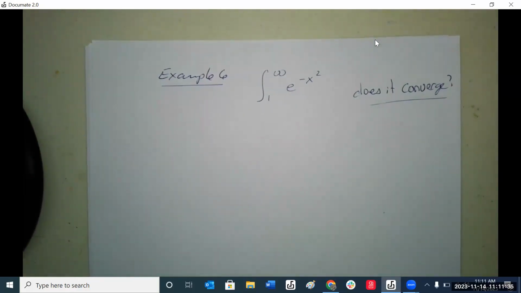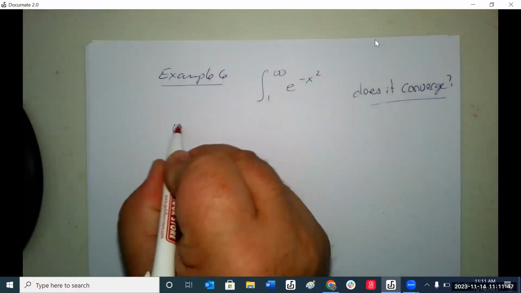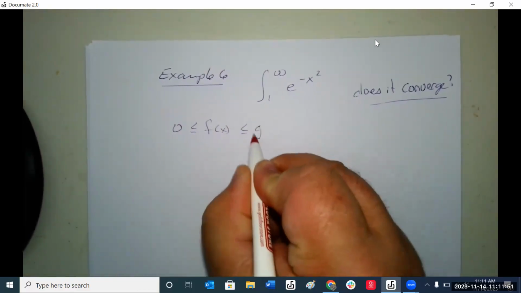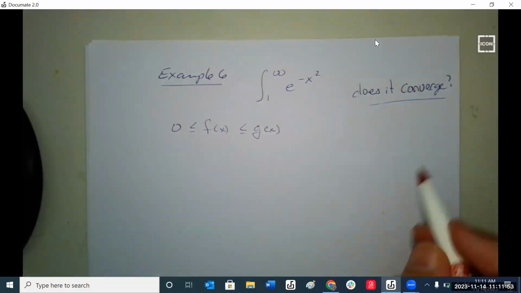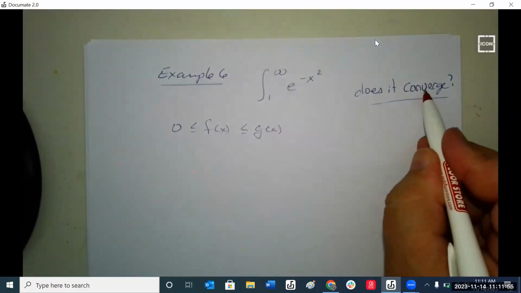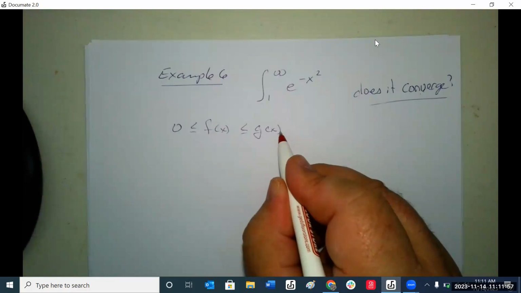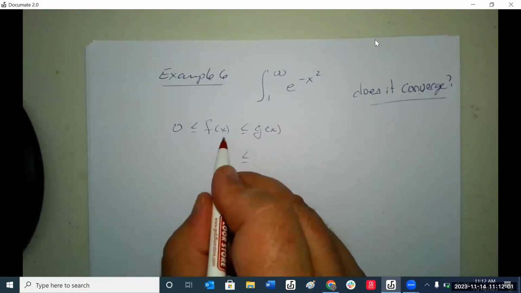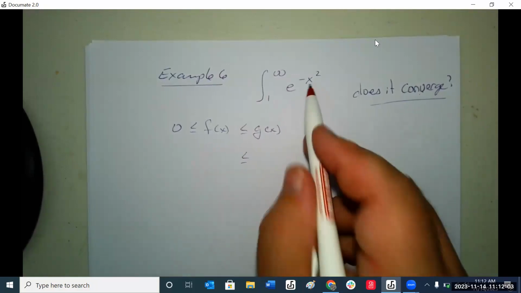Remember, we can use the comparison test. So we have f of x, g of x. So we're saying if it converges, we have to find a function g of x that we know converges, but it's larger than this one.